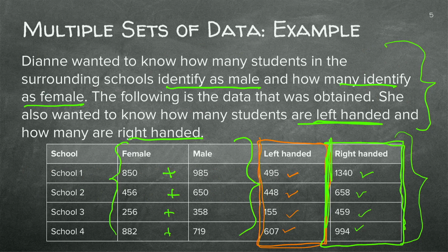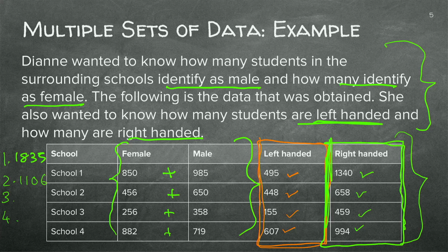So, I'm just going to write the answers here on the left. School 1, school 2, school 3, and school 4. School 1 has 1,835 learners. School 2 has 1,106 learners.